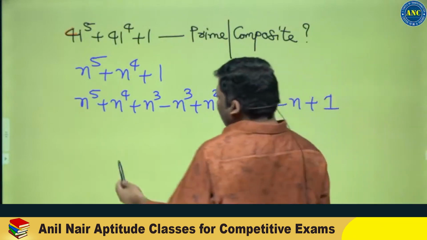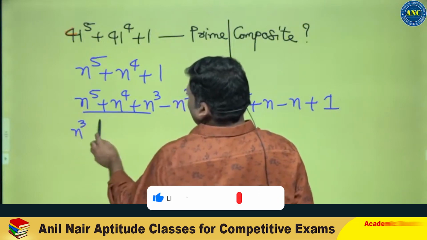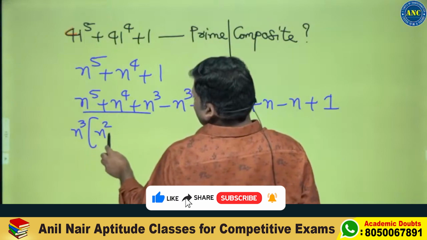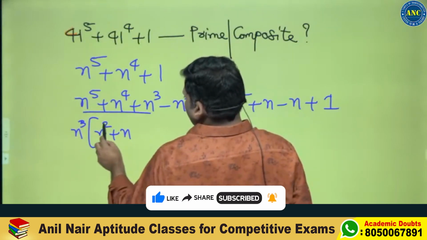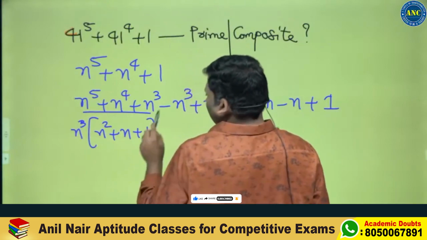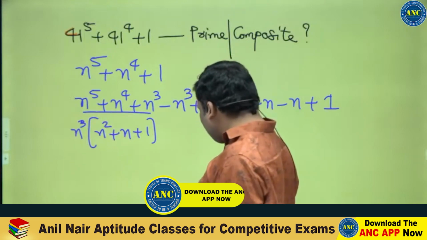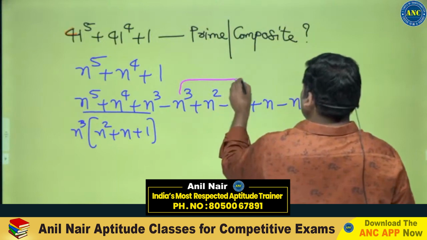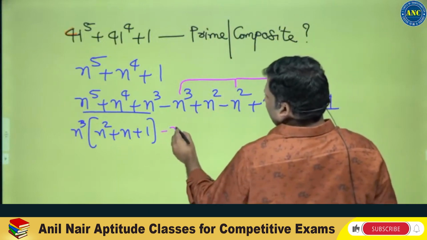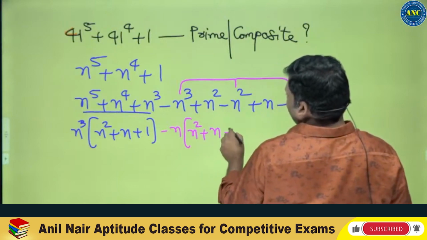Now if you see here, n cube, if I take common in this first, n square plus n plus 1. Am I right? N cube into n square plus n plus 1. Similarly, if I take common in this, minus n into n square plus n plus 1.